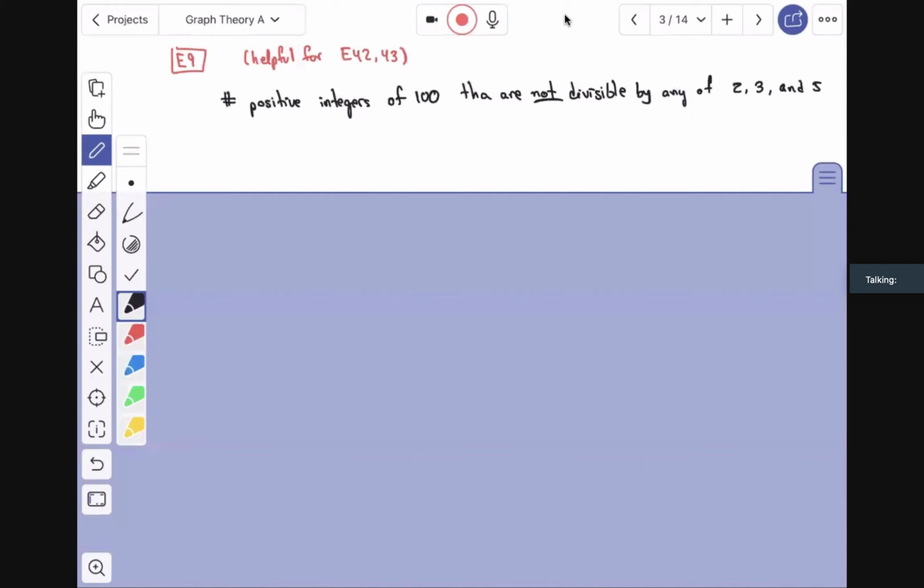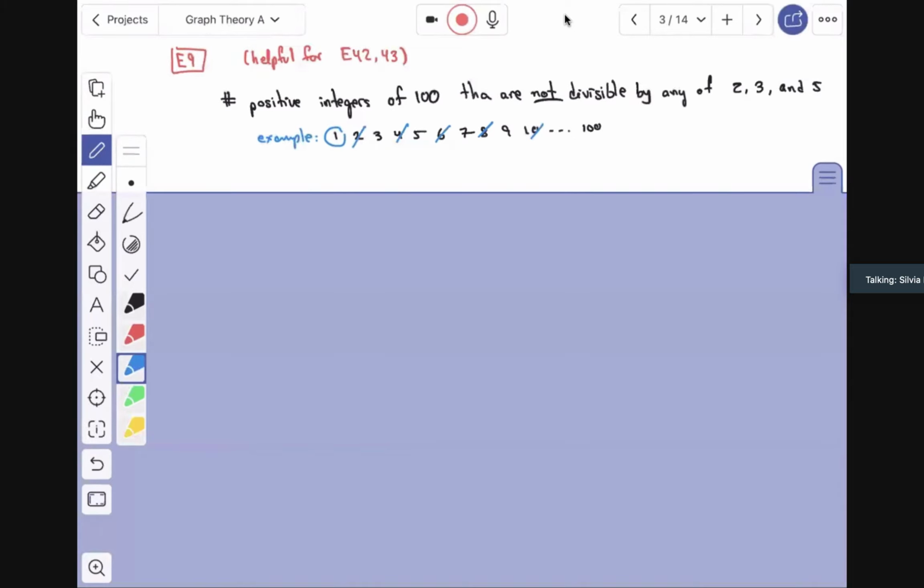Just to understand the problem, you have the integers 1, 2, 3, 4, 5, 6, 7, 8, 9, 10, and you keep going all the way to 100. You want to count 1 because it's not divisible by 2, 3, or 5, but you don't want to count the even ones, because those are divisible by 2.